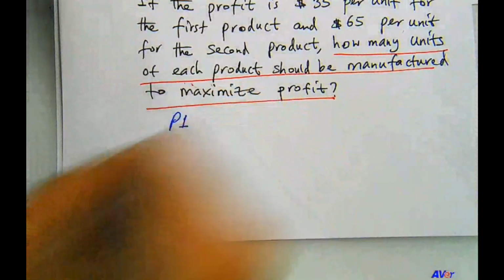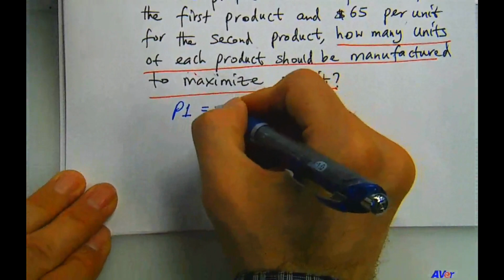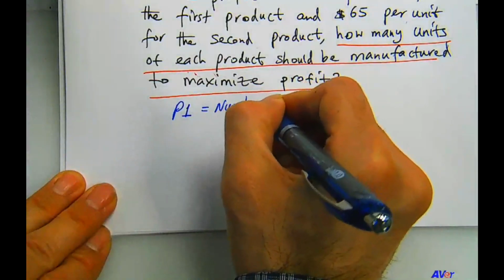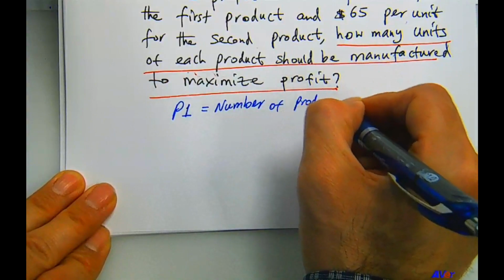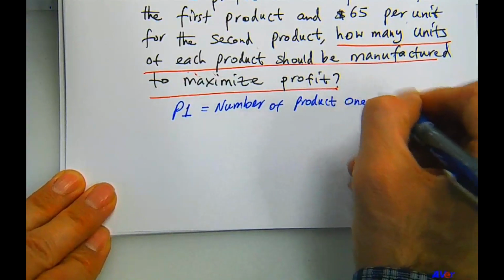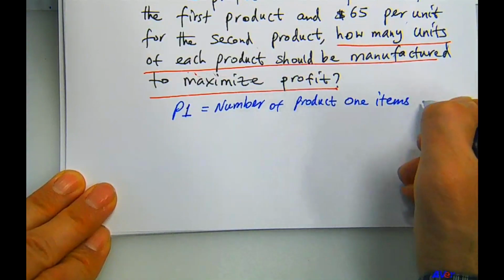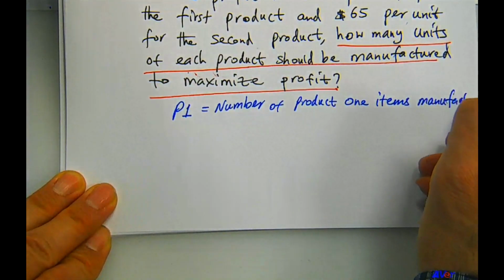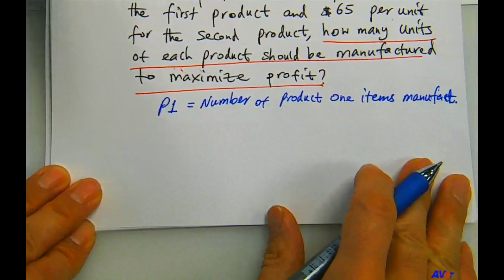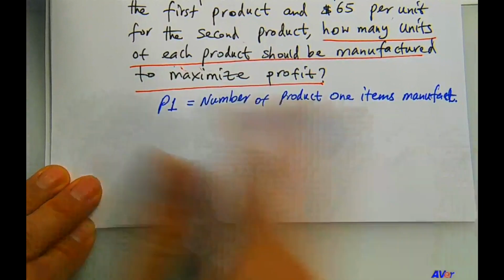So I'm going to call P1 the number of product 1 items manufactured. I'm just going to shorten that because I'm running out of space. That's P1.